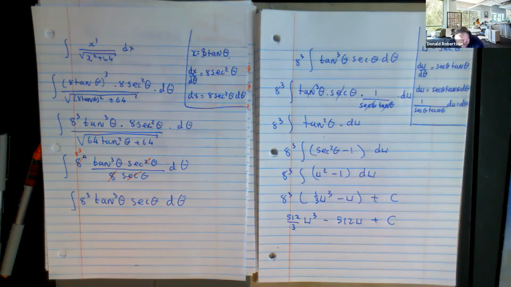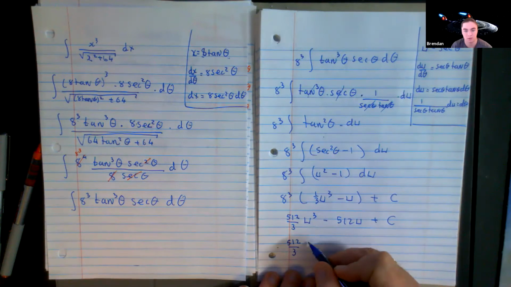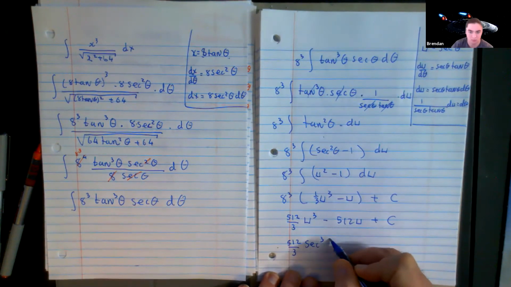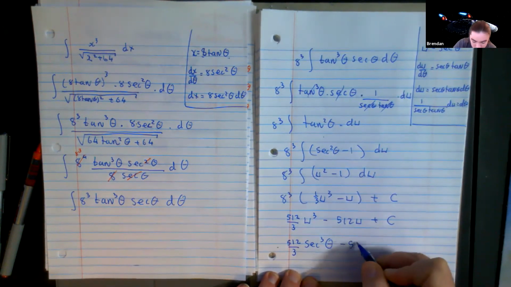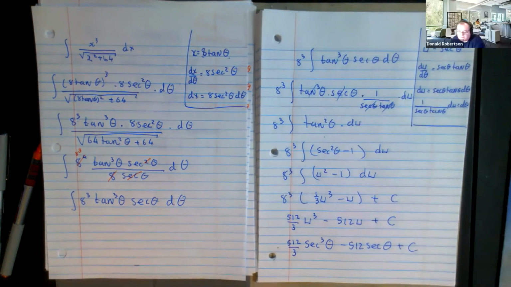Okay, what do I now do? I have the answer in terms of u, but what should I do next? Put secant theta back in. Agreed? Now, if the question had been to find an integral with secants in it, I'd be finished.